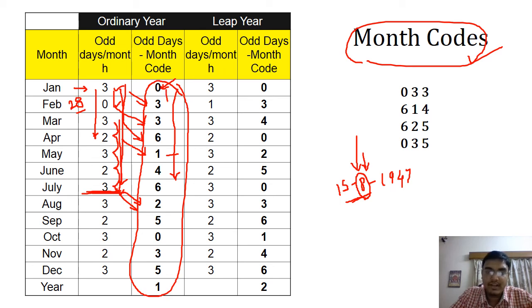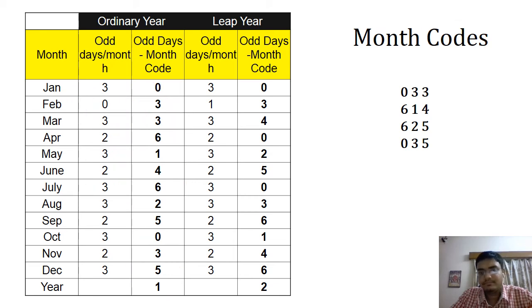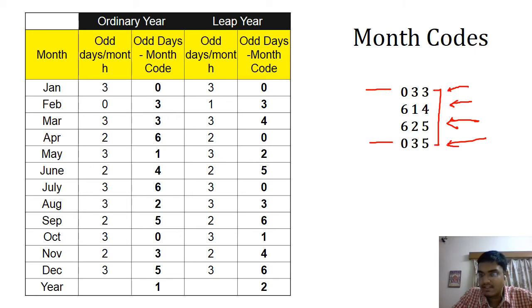You would have understood, right? How do we calculate these codes? We are just adding these numbers. So what you have to remember is 033, 614, 625 and 035. The first 3 and last 3 start from 0 and they are close to squares of 6. Second and third start from 6 and they are close to square of 25.